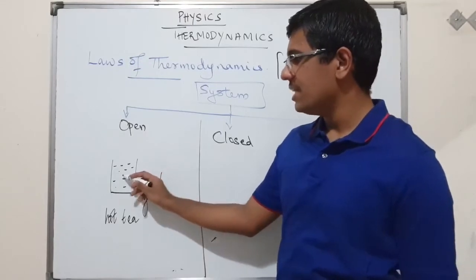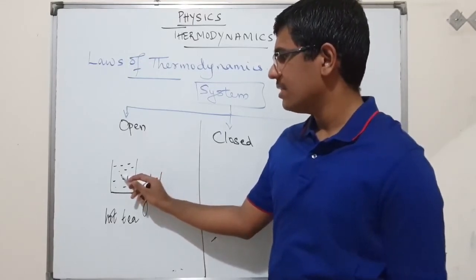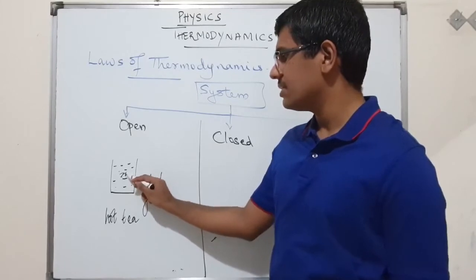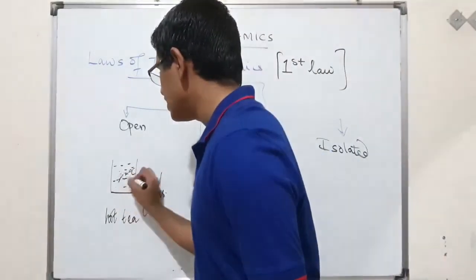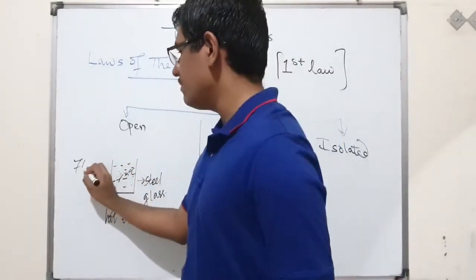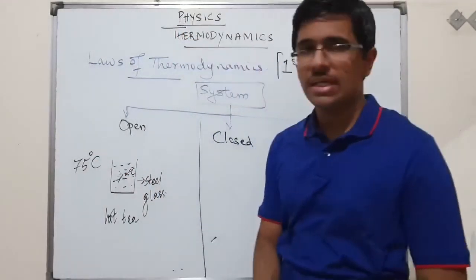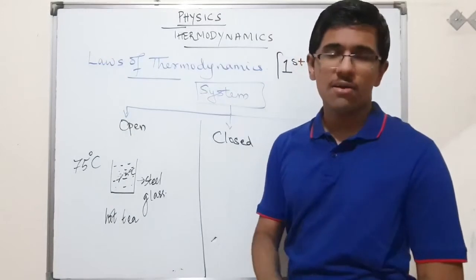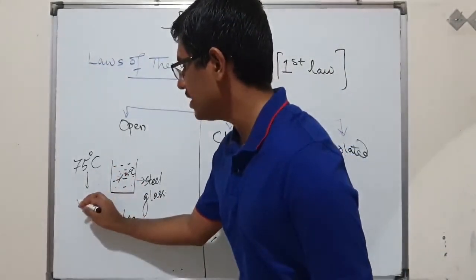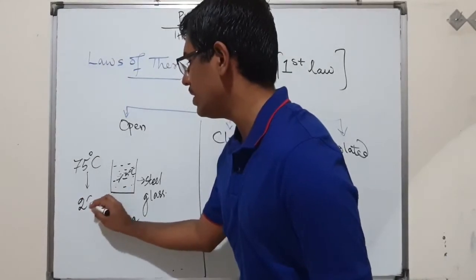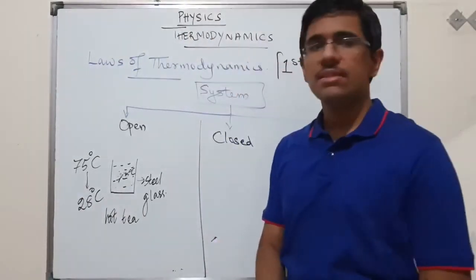Initially the temperature of the tea, imagine it is around 75 degrees Celsius. But after 2 hours, when I measure it, I can understand that the temperature became around 28 degrees Celsius. What is the meaning of it?